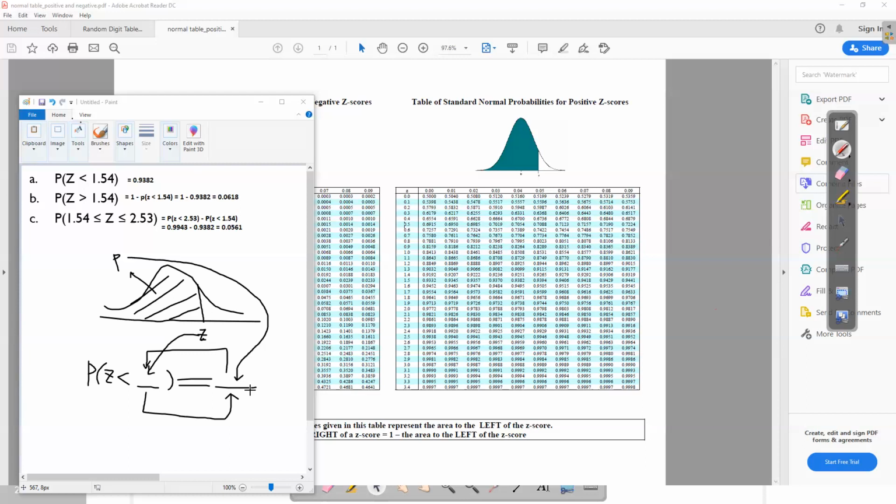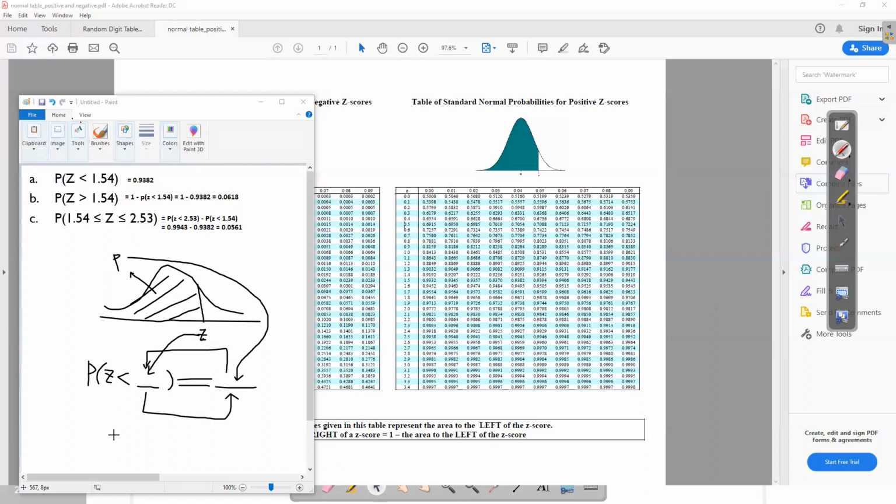Also think about the routes. If you're able to drive from home to school, then you should be able to find your way home from school, and back and forth, right? So this is the idea. So how do I find a Z-score with a given probability?